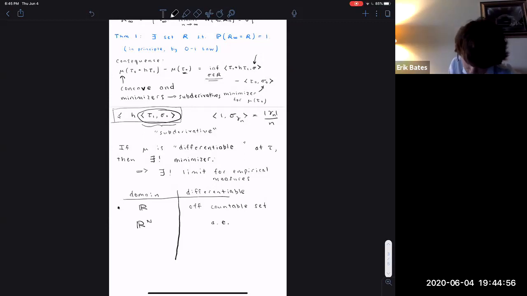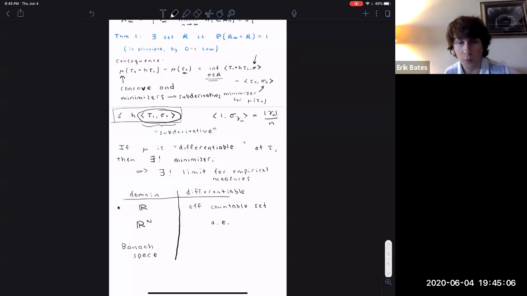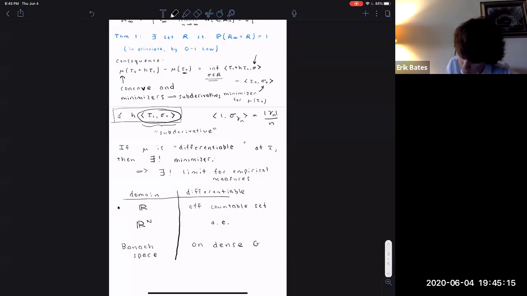And in fact, I can go to an infinite dimensional space, namely a Banach space, and then differentiability, although you have to define it maybe in a slightly different way than we're used to in calculus classes. It's called Gateaux differentiability, but the conclusion still holds on a dense G delta subset. And I'll add the technical condition that you have to have a separable Banach space.